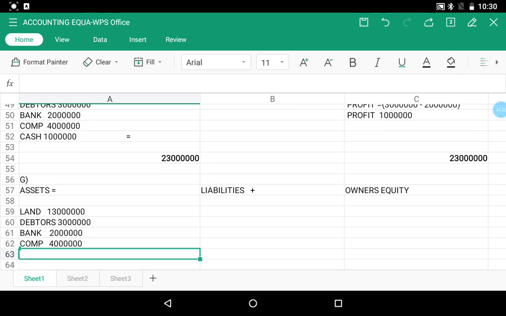Then they have said they used 900,000 cash to clear some part of trade payables. That means under cash we are going to use the one they used to clear. And remember, our cash was 1 million, less the one they used to clear payables, which is 900,000, and we shall remain with 100,000.